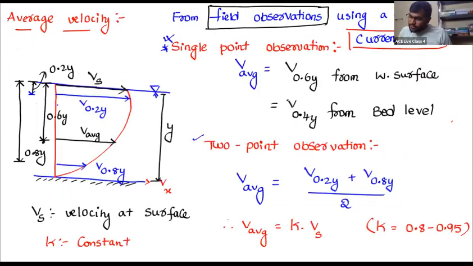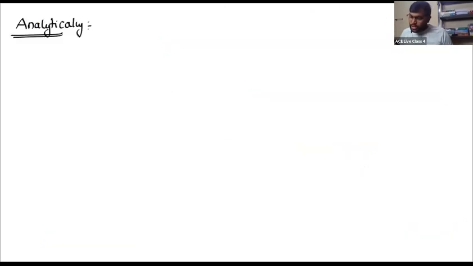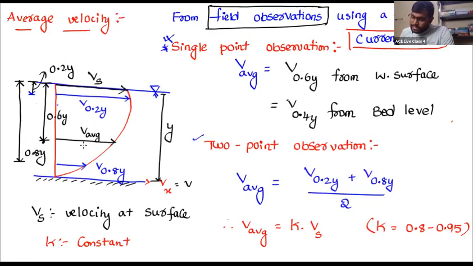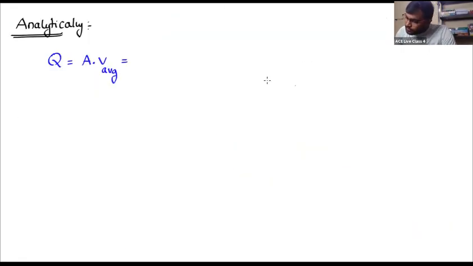Whatever the variation of this value is going to be, small v, you know that the discharge should remain constant, yes or no? Q is nothing but A into V average. Now observe: this is the water level, this is the channel bed.